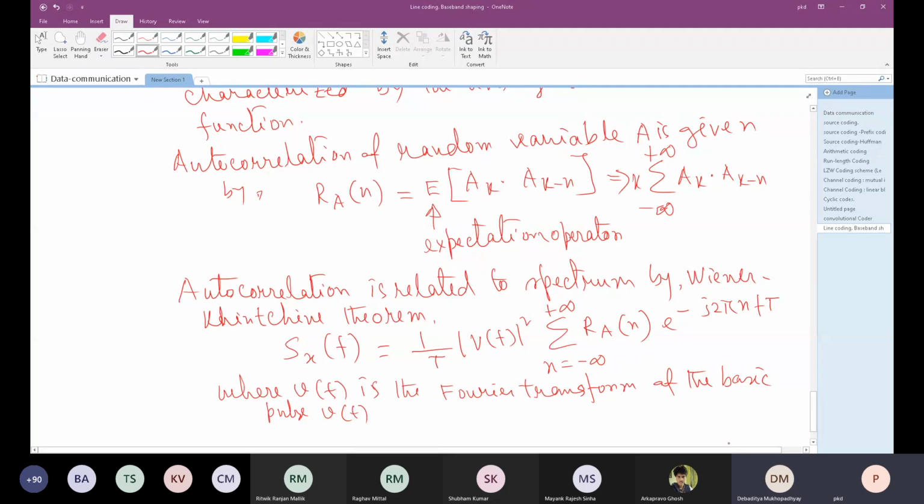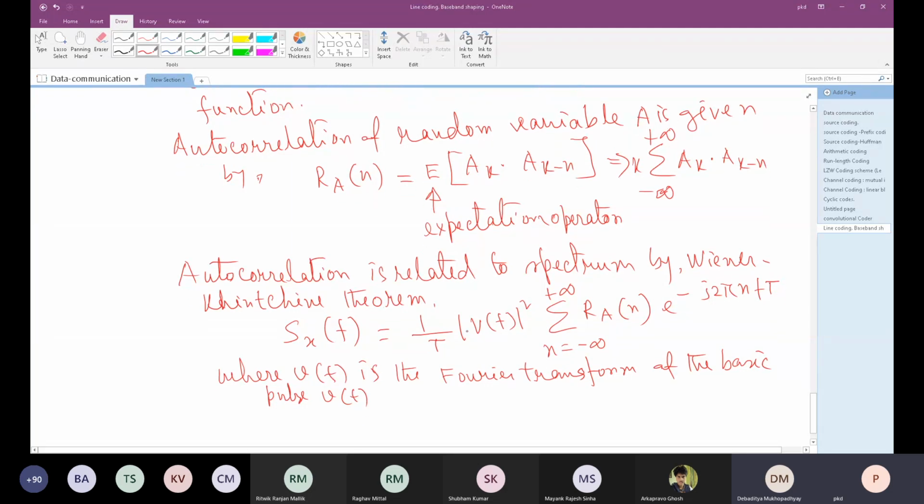So basically, of the two spectra, |V(f)|^2 is the autocorrelation spectrum of v(t), and this is the autocorrelation spectrum of R_A(n), the Fourier transform. These two are multiplied.